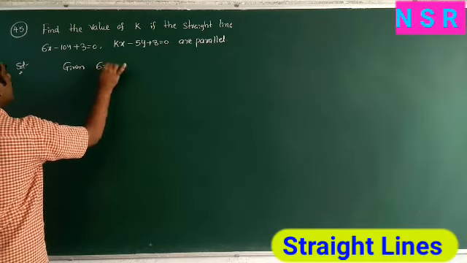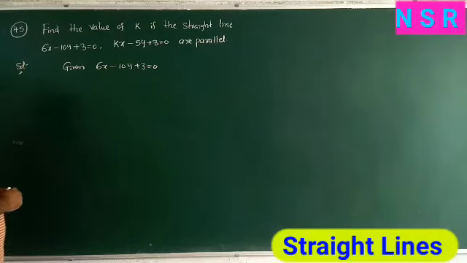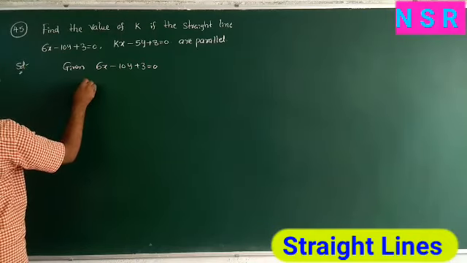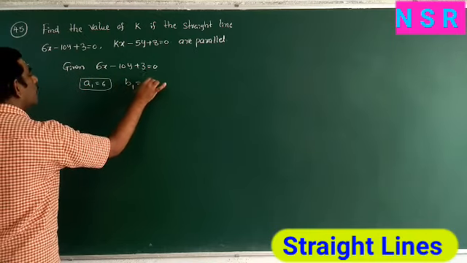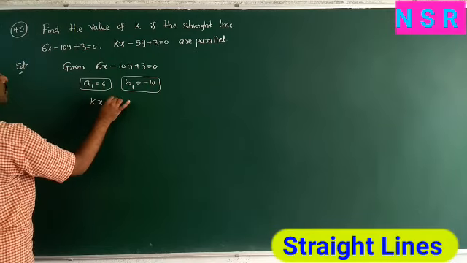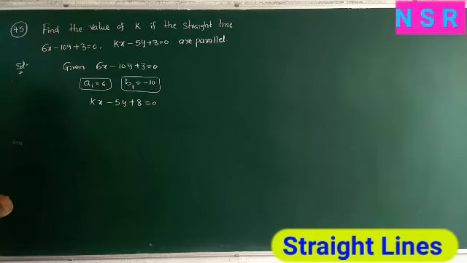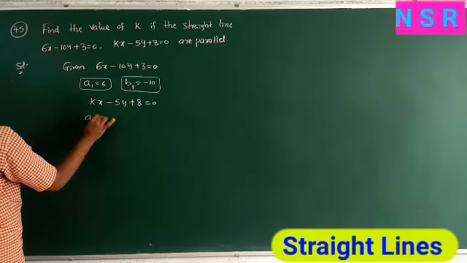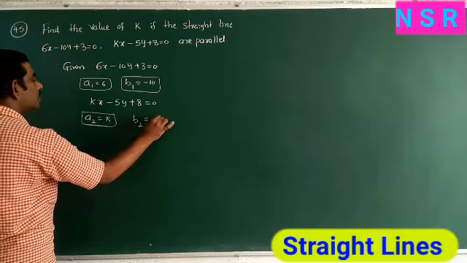Given 6x - 10y + 3 = 0, compare with a1x + b1y + c1: now a1 equal to 6 and b1 equal to -10. Next, given another line kx - 5y + 8 = 0, compare with a2x + b2y + c2: now a2 equal to k and b2 equal to -5.